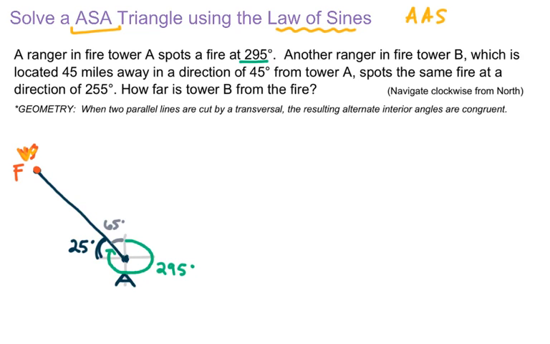Okay, so let's think about where Tower B is. Tower B is 45 miles away in a direction of 45 degrees. So again, when we measure that 45 degrees, we're going to go off of Tower A. We're going to go north clockwise. 45 will end up right in the middle, right about here.